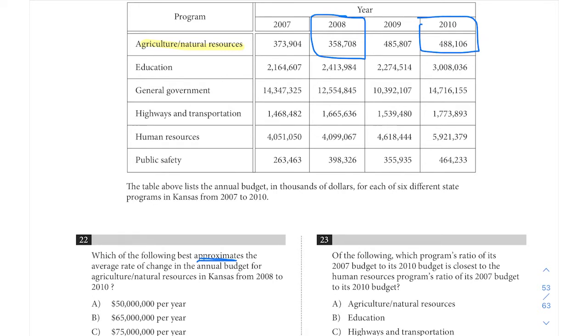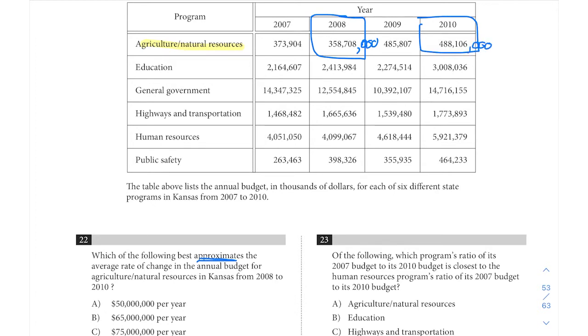Even though this is the calculator section, we can still save a few seconds by not having to work it out to the exact dollar value. But we can use a little bit of rounding. So here from 2008, where it looks like we were at 358, and remember, this is in thousands, so you would actually add 3 zeros onto that, 358 million approximately in 2008, and I'll just add on the zeros here so we can see them.